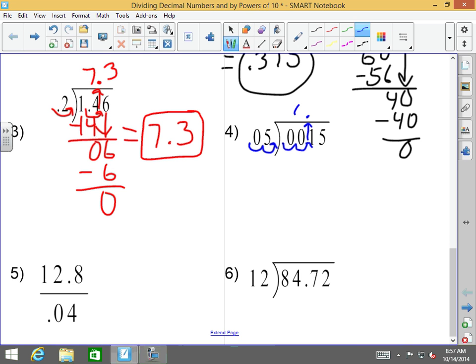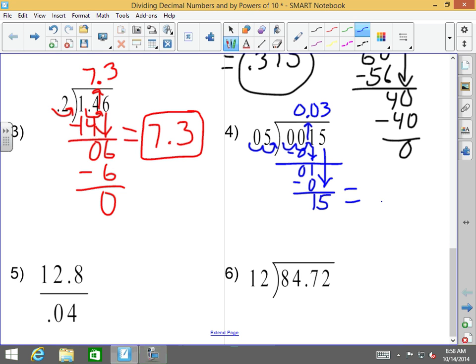5 goes into 0, 0 times. So that's a 0 there. Bring down the 1. How many times does 5 go into 1? 0. So that's 0. Very good. Bring down the 5. How many times does 5 go into 15? 3 times.